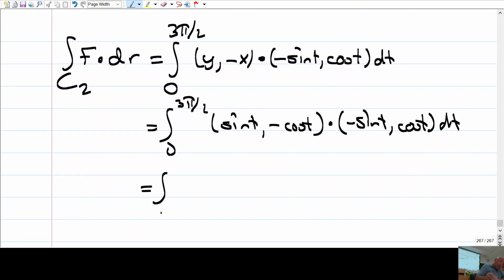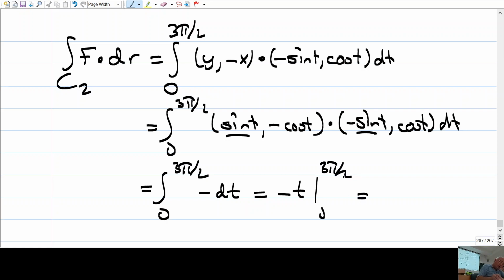So the result is then the integral from 0 to 3 pi over 2. So this is sine squared plus cosine squared. So this is just minus dt, right? Minus sine squared minus cosine squared. And then, so this is minus t from 0 to 3 pi over 2. So we get minus 3 pi over 2.